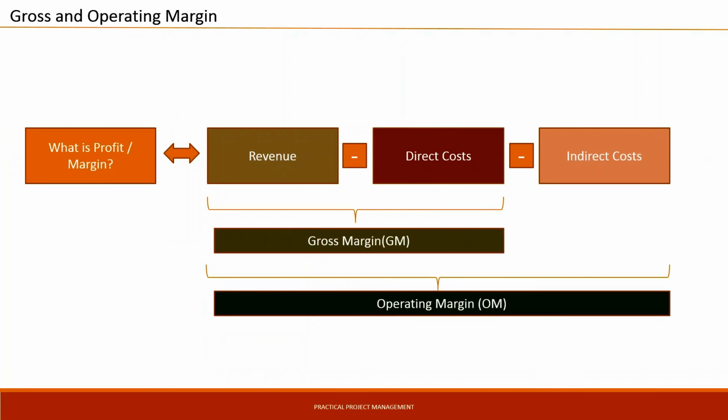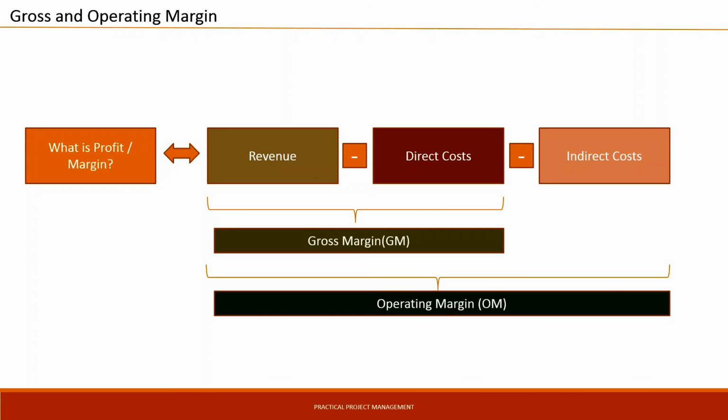Now the important concept: the very purpose of existence of your business is to make profit. So what is profit all about? It is the revenue that you got from the various services.